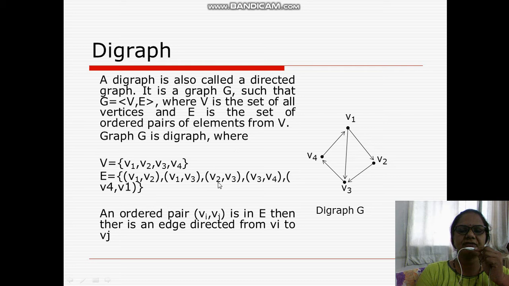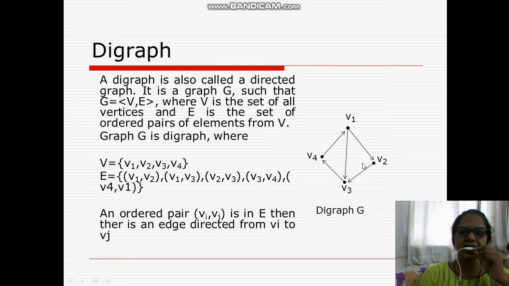Likewise we have 5 edges over here: 1, 2, 3, 4, 5. All 5 edges are written as ordered pairs. See, V is a set of vertices and E is a set of ordered pairs of elements from V. So if an ordered pair (Vi, Vj) is in E, then there is an edge directed from Vi to Vj.